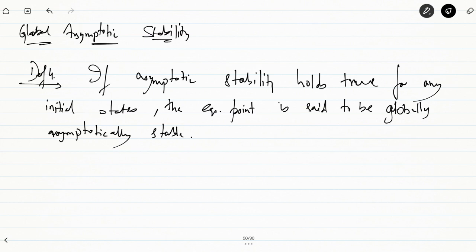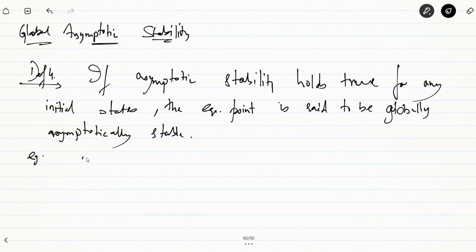Whatever be the initial conditions of the system, the stability remains the same, it does not change. So, a linear time invariant system, if it is asymptotically stable, will be globally asymptotic stable as well. But the same is not true for a non-linear system.